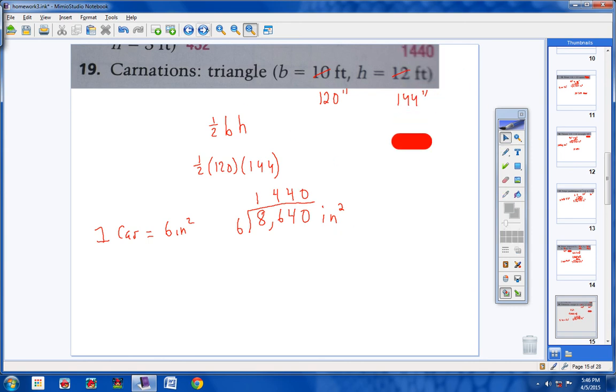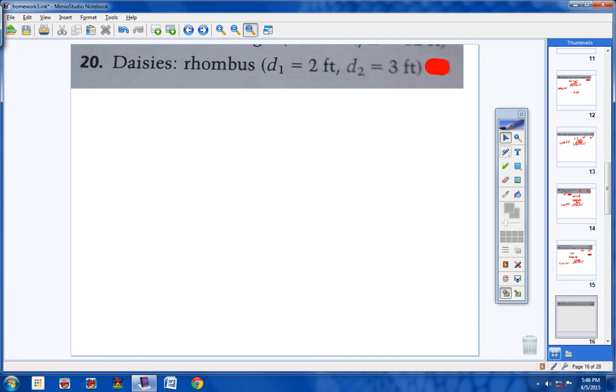Number 20. Alright, we have a rhombus. Now remember, the area of a rhombus is 1/2 times the two diagonals. So 2 feet would be 24 inches, and 3 feet would be 36 inches. So I really have 1/2 times 24 times 36. If we multiply those three numbers together, we're going to get 432.